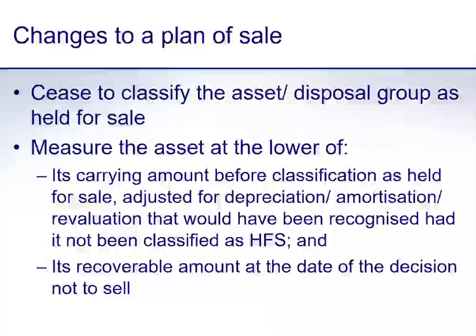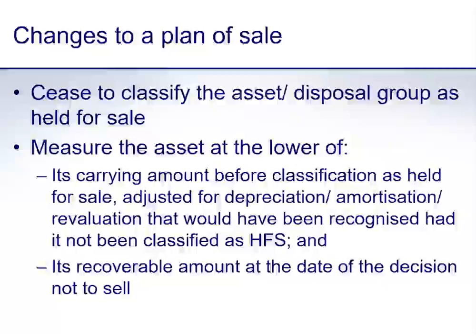So as much as I might have stopped depreciating an asset, this effectively would almost catch up with me, because in reinstating the assets, I'll be required to measure the asset at the lower of its carrying amount before the classification as held for sale, but I need to adjust it for depreciation, for any amortization, any revaluation that would have been recognized had that asset not been classified as held for sale.